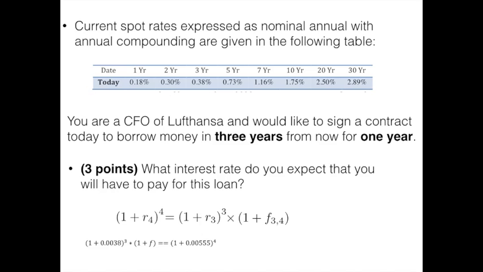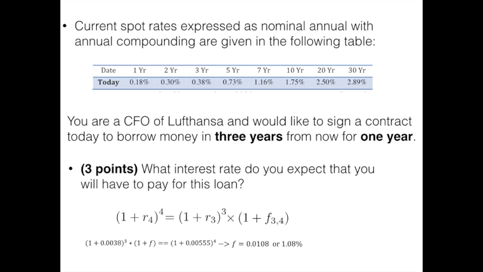If you plug in the numbers and solve this equation, you will obtain your forward rate. But pay attention, in order to plug in the numbers here, you need a 4-year rate, and the 4-year spot rate is not given. You need to calculate it. It will be the average between these two.